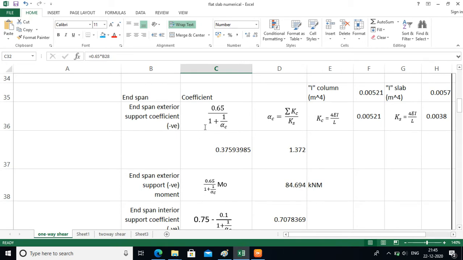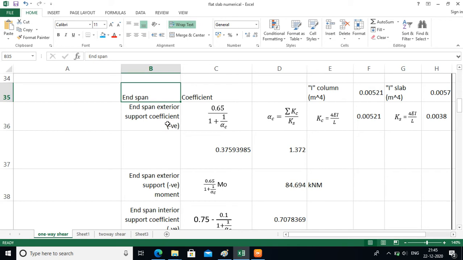For the exterior span we have certain coefficients given by the IS code, and for that I have prepared a table over here. For the end span, what will be the coefficients? The end span is divided into 3 basic parts.